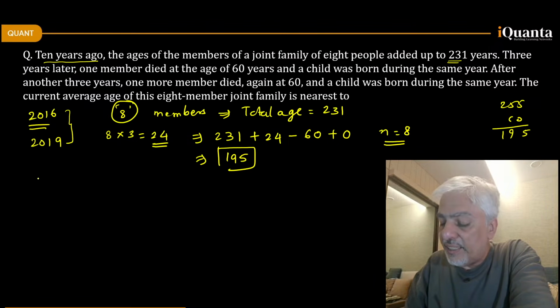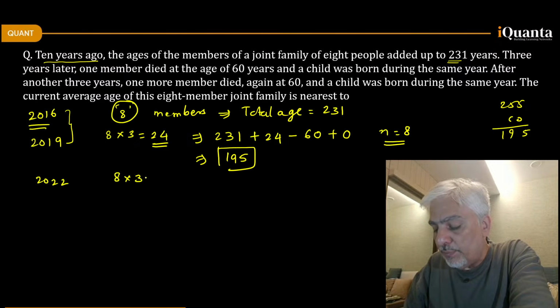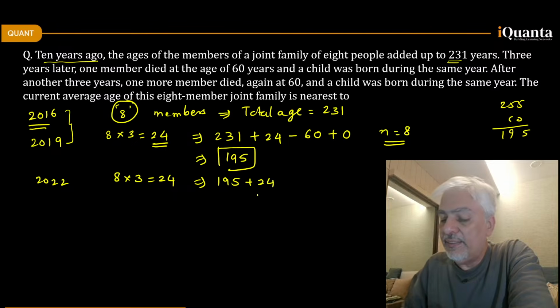After another 3 years, in 2022, again 3 years pass, so everybody will grow older, so total will grow by 24. 195 plus 24. But again somebody aged 60 died, so minus 60, and a child was born, so plus 0.